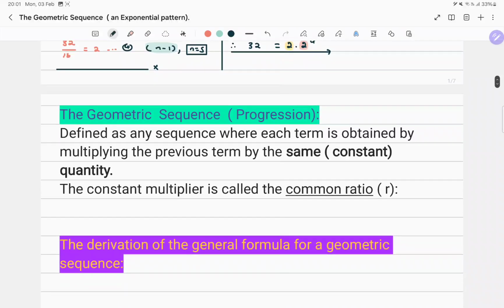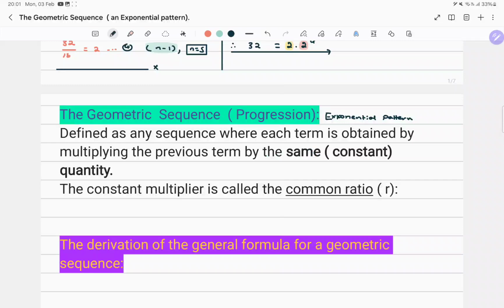Okay, remember that. Now the geometric sequence or progression, of course, we saw that it is exponential, is defined as any sequence where each term is obtained by multiplying the previous by the same constant quantity.